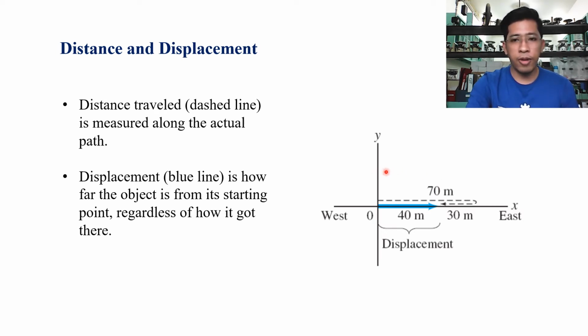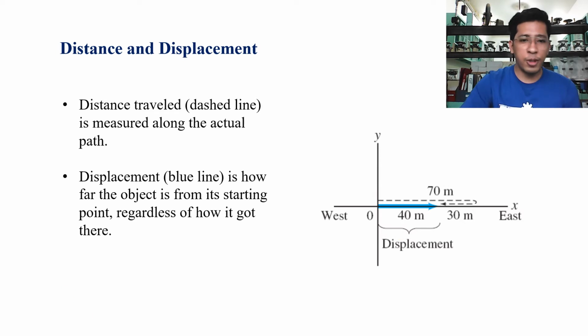Even if the particle moves around in circles or curves from the origin, your displacement is just a straight line from the origin to the endpoint. For this case, the displacement of your particle is 40 meters east.